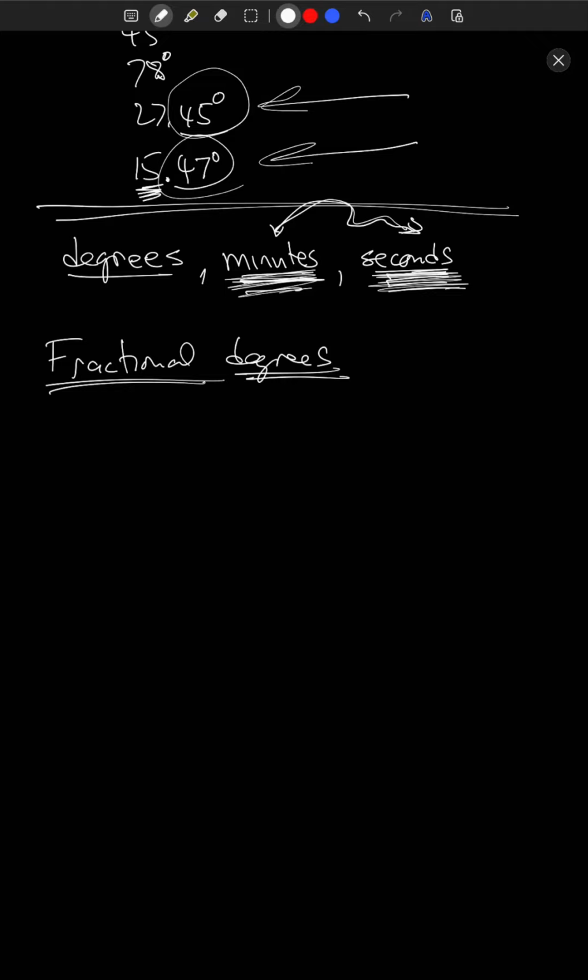If you look at Google Maps or you look at a GPS device, oftentimes they'll be expressing degrees, not in decimals like here, 27.45 or 15.47. They'll be using degrees, minutes, and seconds. All right. So it's still being used today.